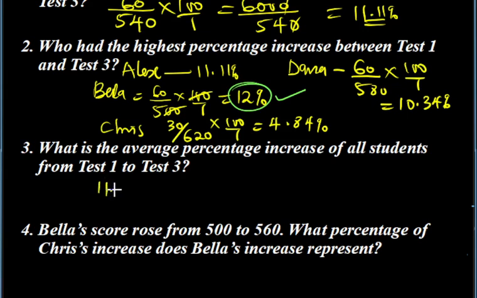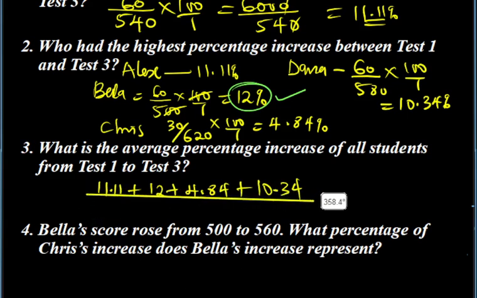So this is 11.11 plus 12 plus 4.84 plus 10.34. Then we'll divide this by 4 because there are 4 students here.